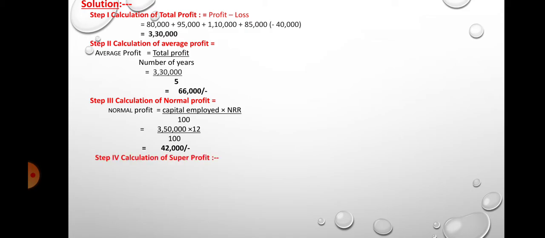Then step fourth, calculation of super profit. Tell me the formula of super profit. Super profit is equal to average profit minus normal profit. Correct? Yes.